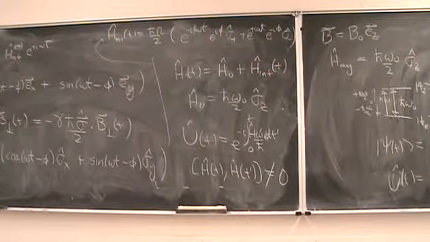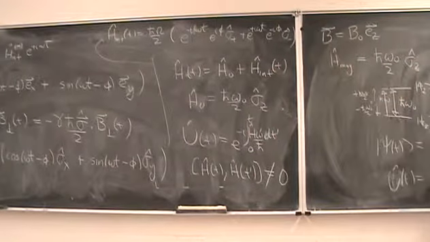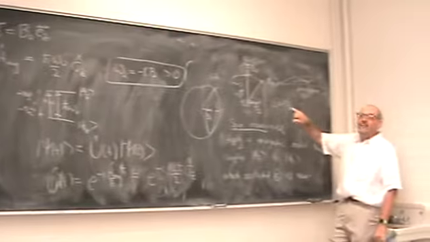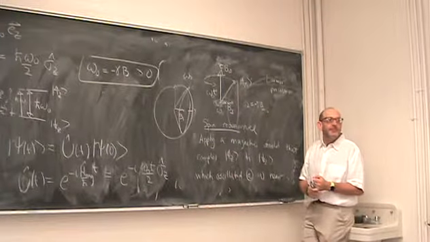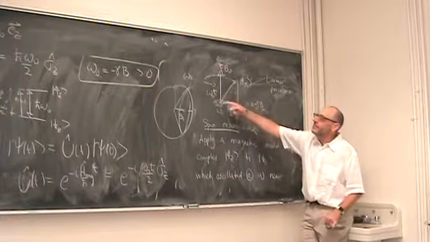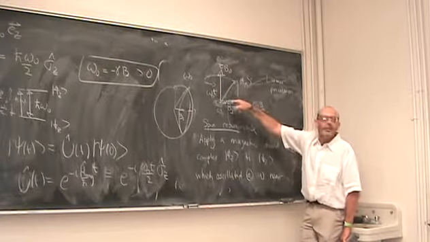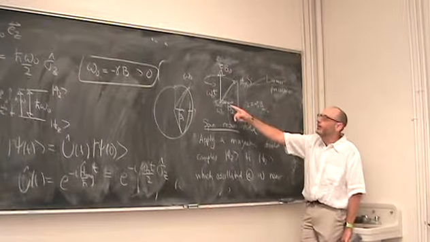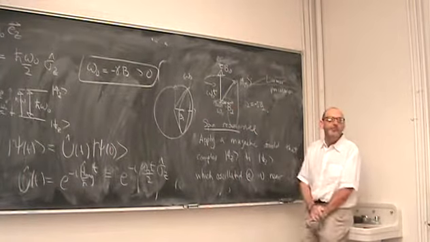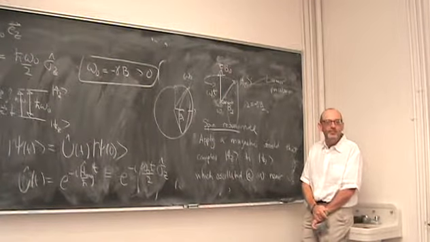However, the big however, in this case we can play a trick that we see from this picture, which is that this magnetic field, which is why the Hamiltonian is time dependent, is rotating around. If I go into the frame co-rotating with the magnetic field, well, then the magnetic field isn't moving.